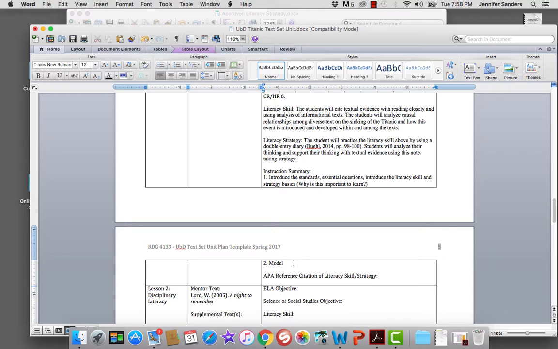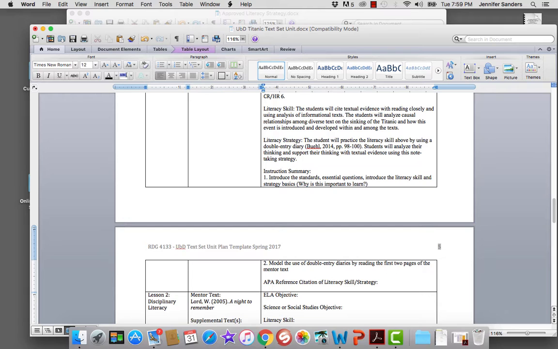So I model the use of double entry diary by reading the first 2 pages of the mentor text.